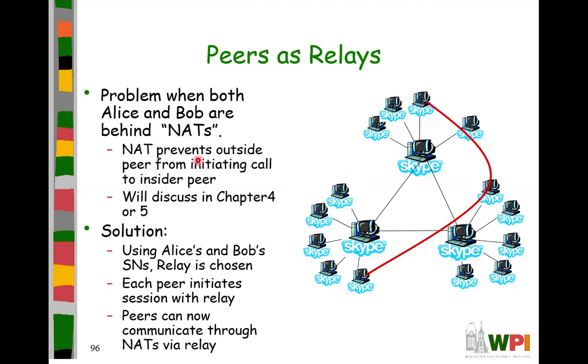Then we have some techniques to provide the working of a P2P system behind NAT. This is called the NAT traversal problem. It is solved by Skype, but they don't show how they have solved it. Anyway, we will discuss NAT and then revisit Skype in chapters 4 and 5. So up to now it is finished. This class is now completed.